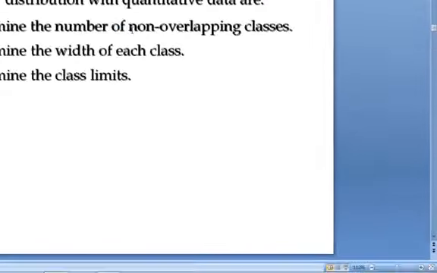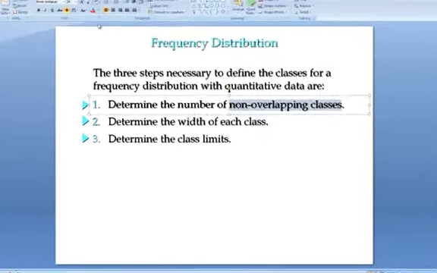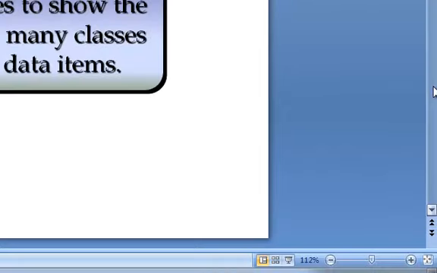So what we first have to do is construct so-called non-overlapping classes. Then we have to decide how big each class is, and then we have to determine the upper and lower number for each class. Let's do this concretely. Usually the guideline is to use between 5 and 20 classes.